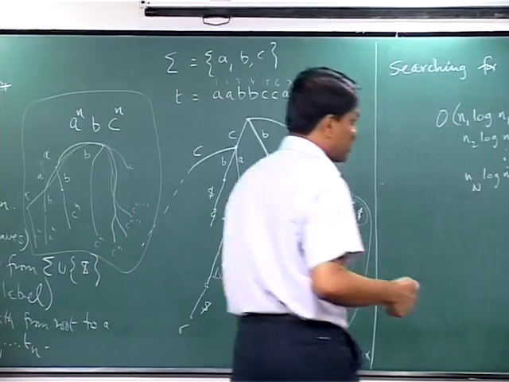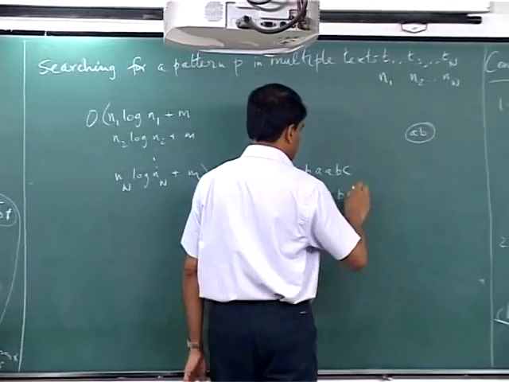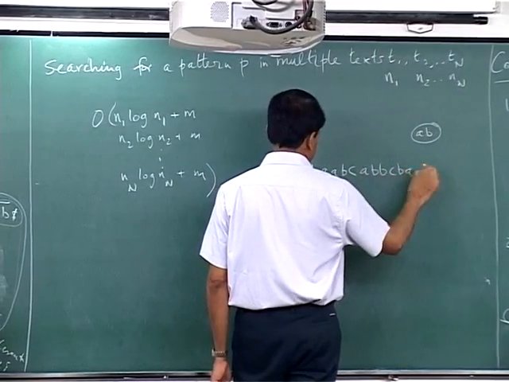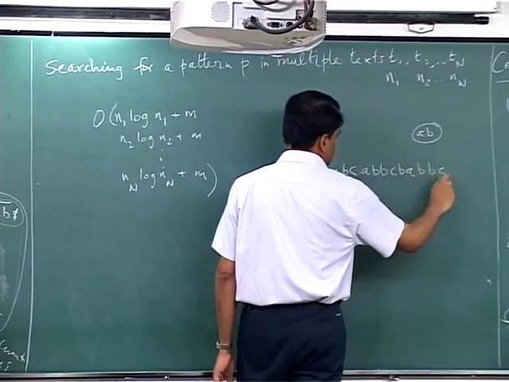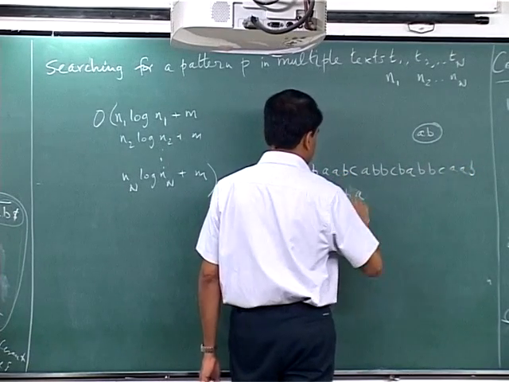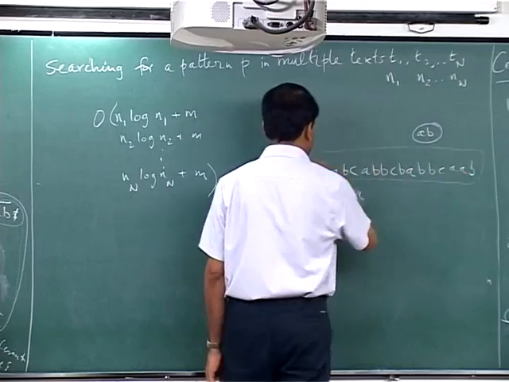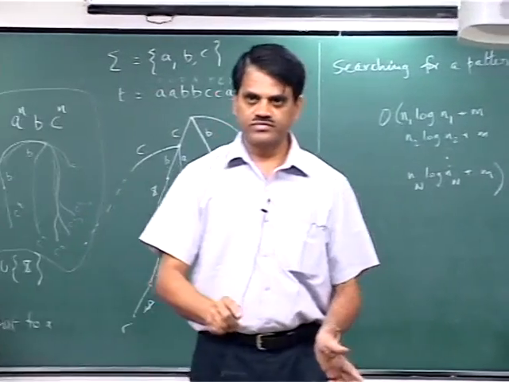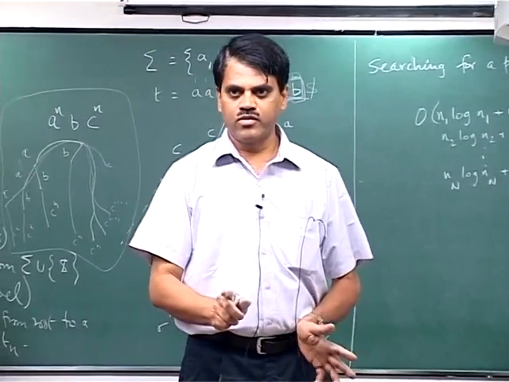Or what he's saying is to concatenate this whole thing into one large text and build one big suffix tree for this. Now you run your pattern and you can check. There is one little problem. What is the problem?